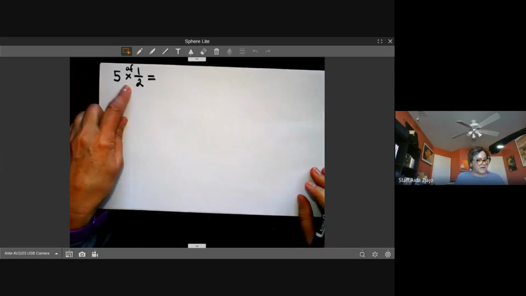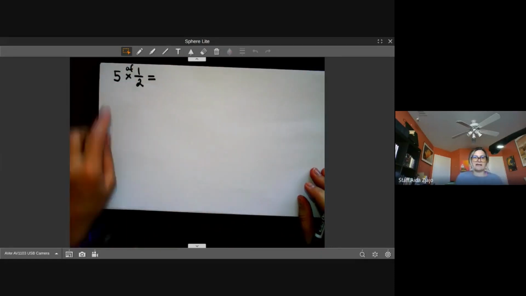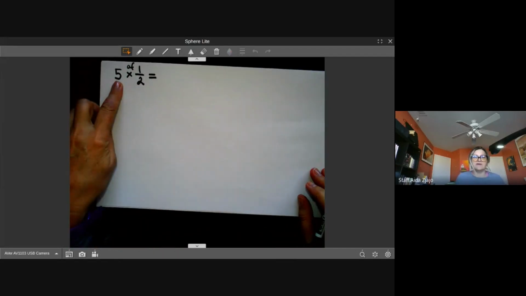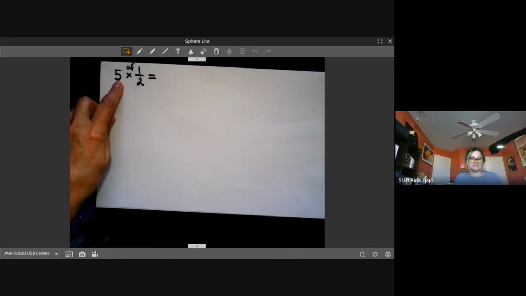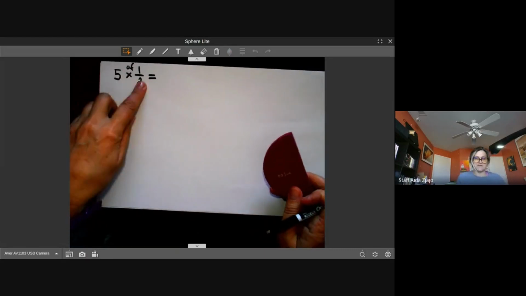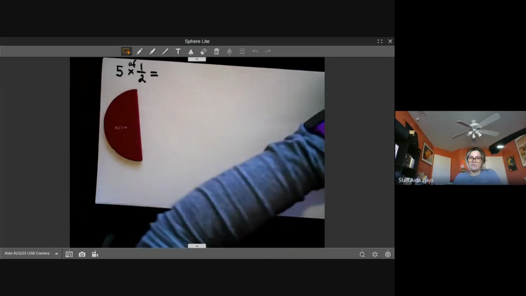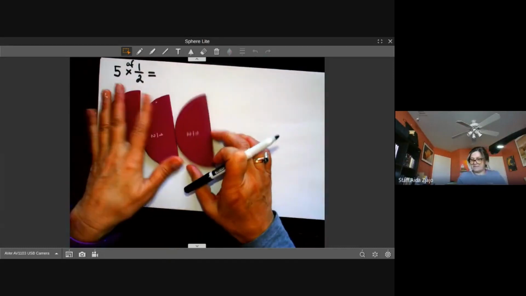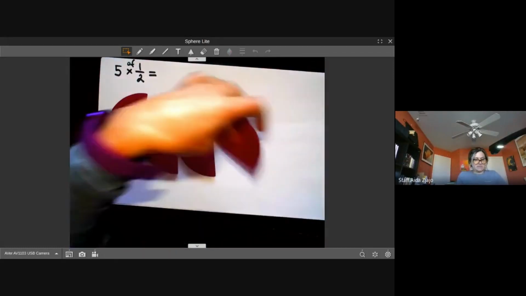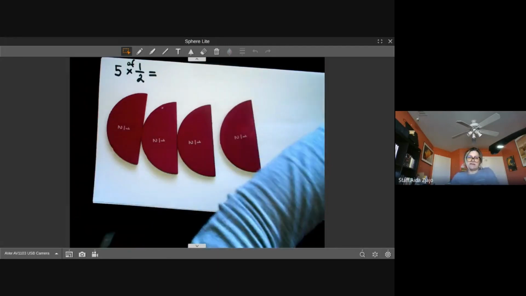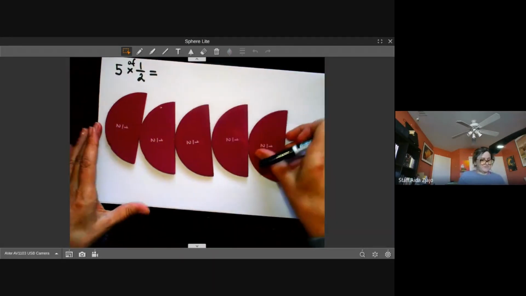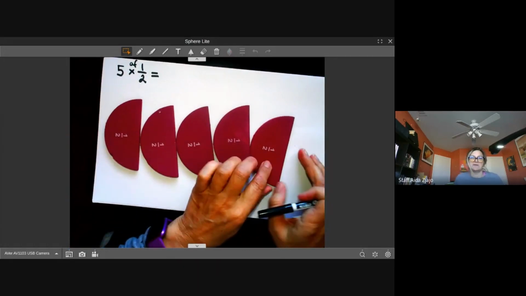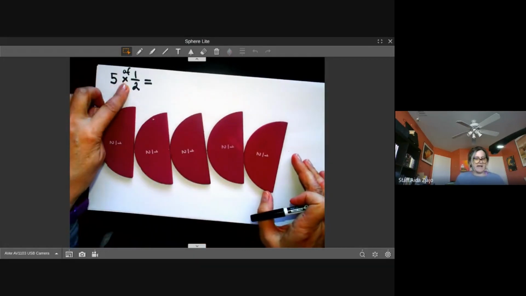So if Aniletta has 5 halves of a chocolate, we need to figure out how many chocolates she has in all. So this is 5 halves.